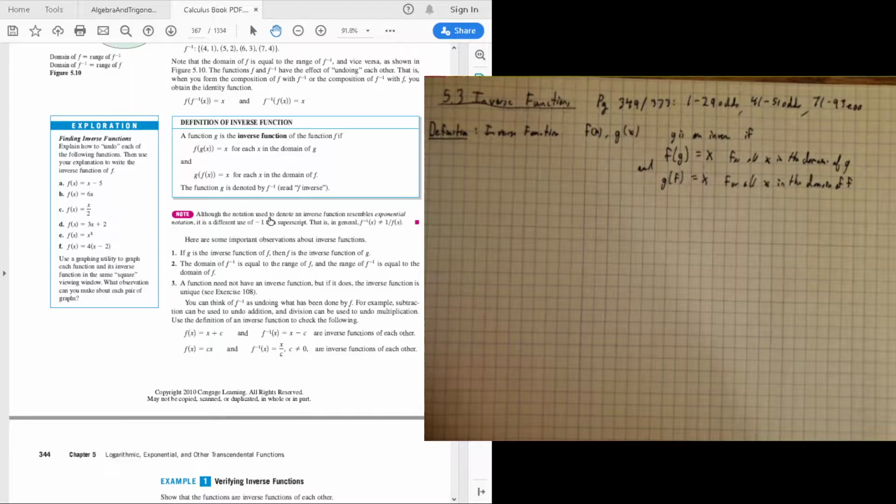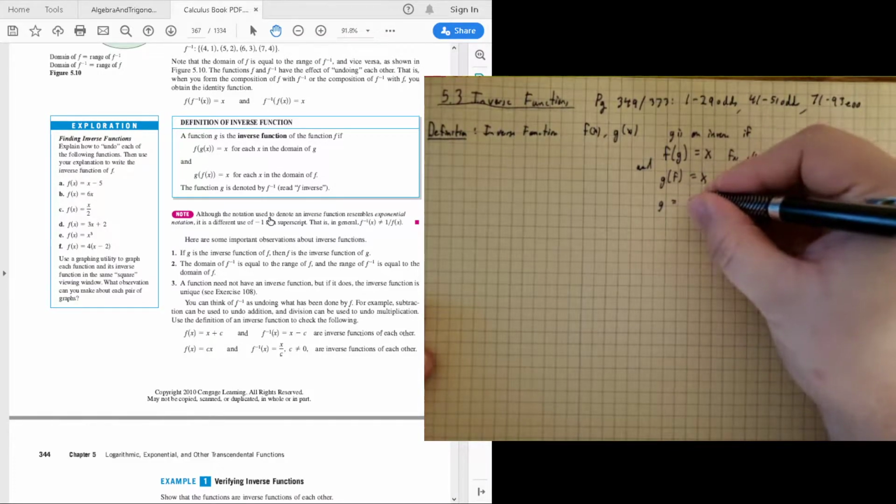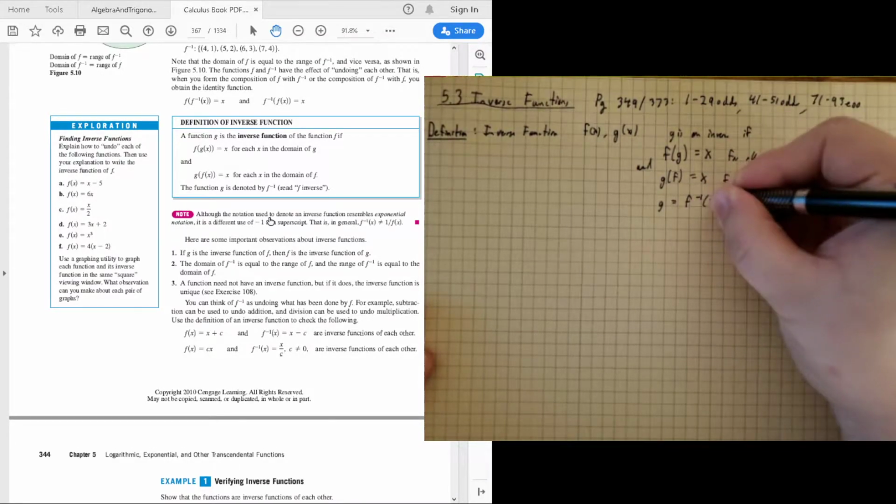Now, some important notes to make about this is some terminology we're going to need to discuss. g is then referred to as f inverse of x.